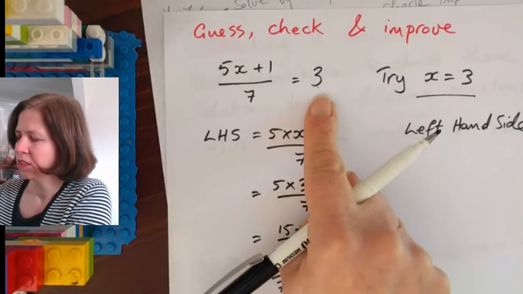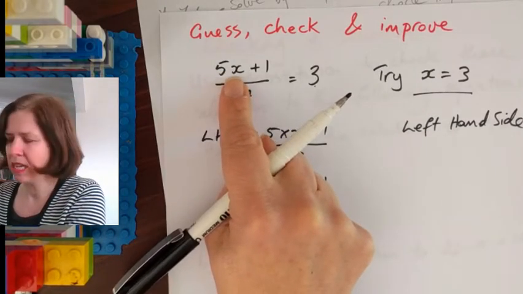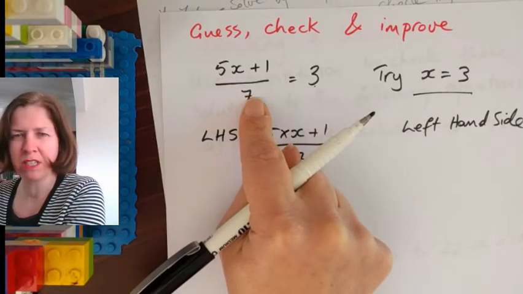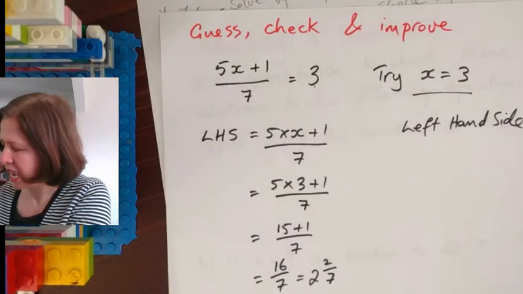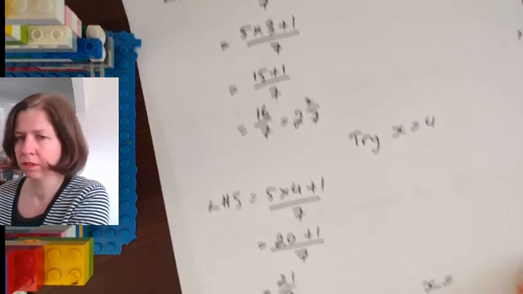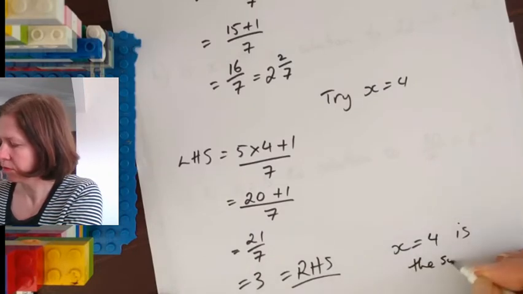Let's double check that. See? So when x is 4, I get 5 times 4, that's 20, plus 1 is 21, divided by 7 is 3. So yes, x equals 4 is the solution.